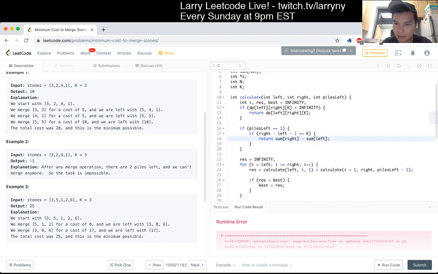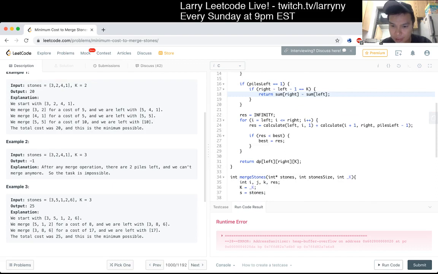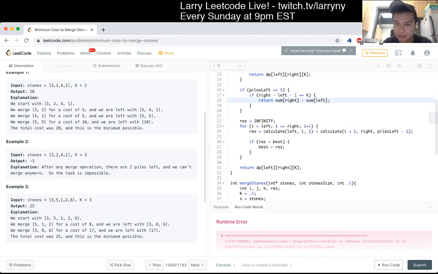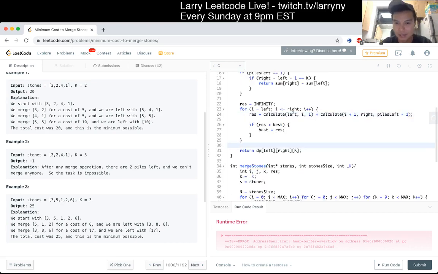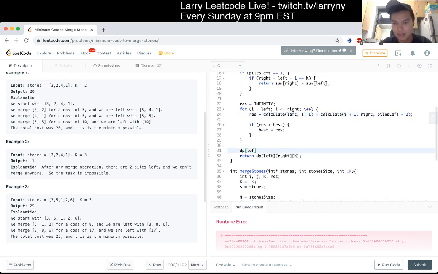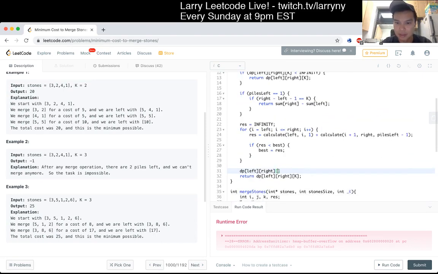Everything should be within, so why are you getting... Oh, if I just... Well, we don't cache anything, so... So never fix this.